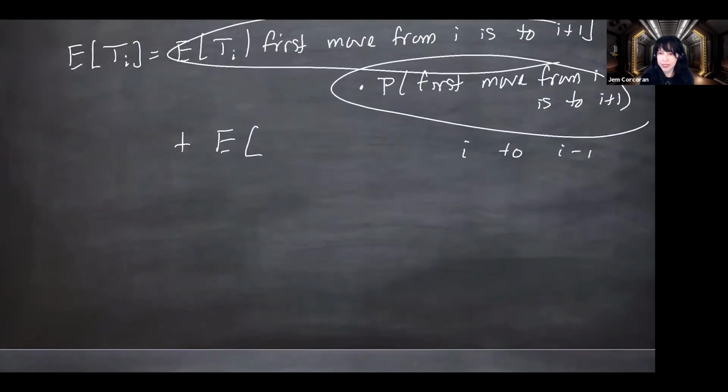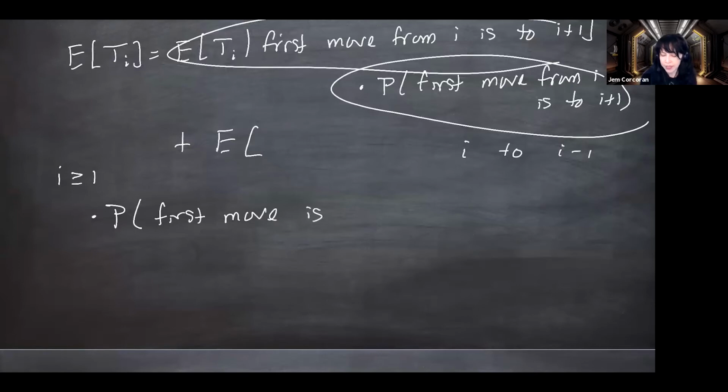All right, we know these pieces. Given you're at i and that it's greater than 0, the probability the first move is i to i+1: the current rate of birth is lambda_i, and the current rate of death is mu_i, and those are exponentials.